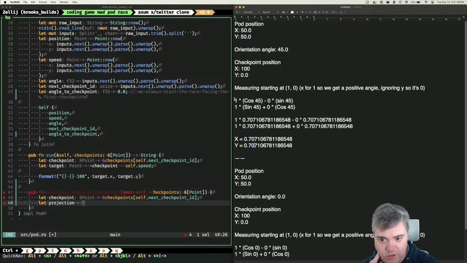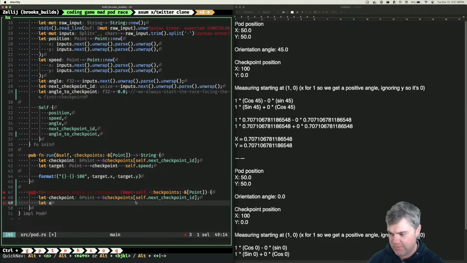So we're going to do, our x is going to be this. So let's do this one at a time, right? So this is going to be an anchor. X is going to be equal to, so this is going to be 1.